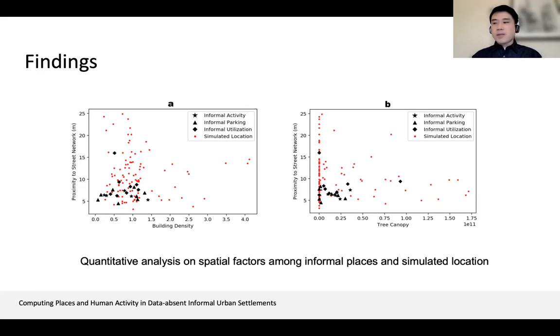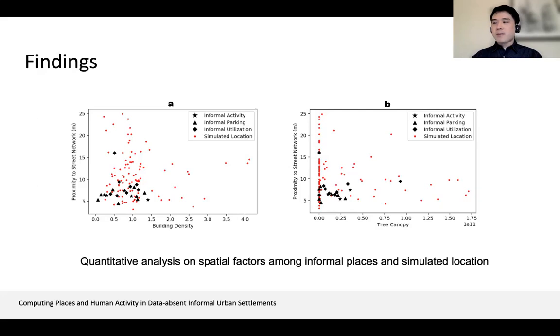And figure B here shows there's no clear pattern between informal spaces and tree canopy coverage. The majority of the places that we find suitable for informal activity actually do not have any tree coverage, reflecting the scarcity of vegetation on the site, as you can see from the previous slide.